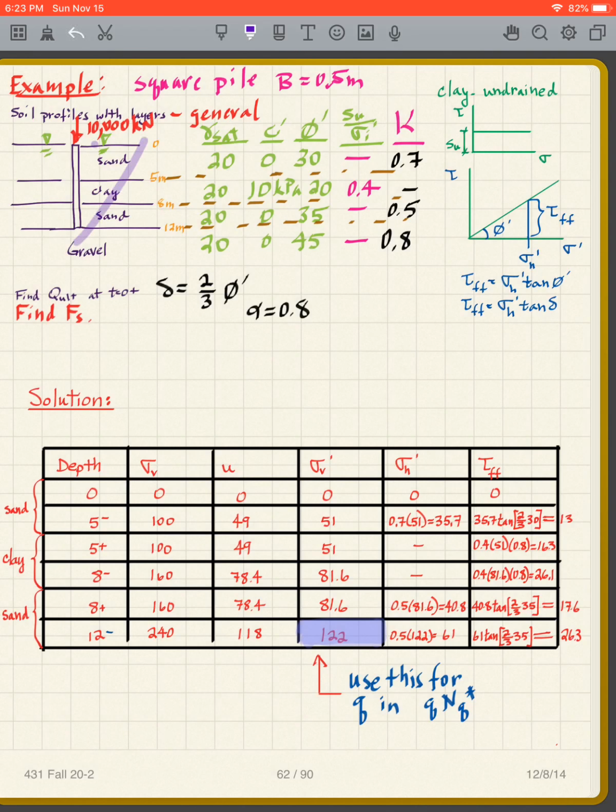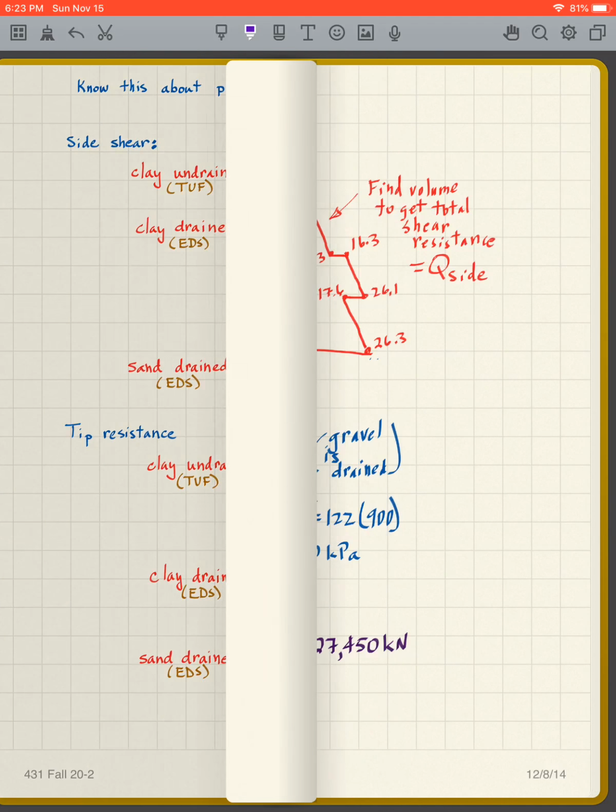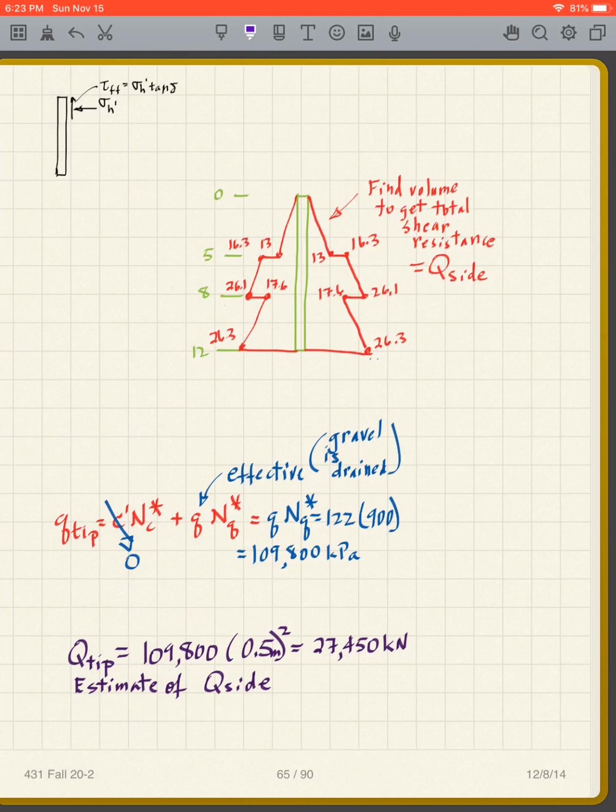We don't even pay attention to those soils because I'm looking at the soil below the tip, and that's gravel. So I'm using my gravel, and since C prime is 0 in gravel, I can get rid of that term, and all I have to do is worry about that.